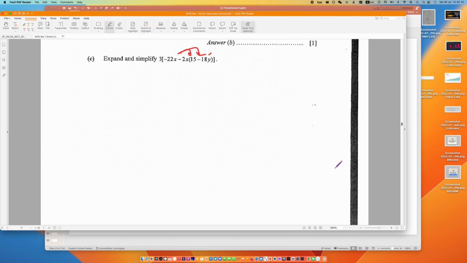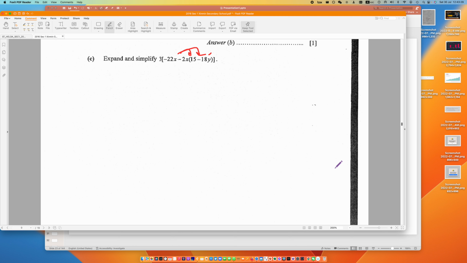Otherwise it's kind of counterintuitive. Simplify means combine similar terms. Because once you expand you get to combine similar terms, that is simplify. If you go and factorize, that means you need to expand again.